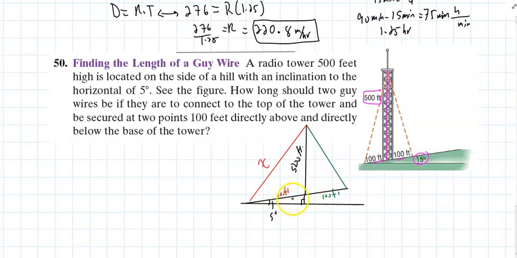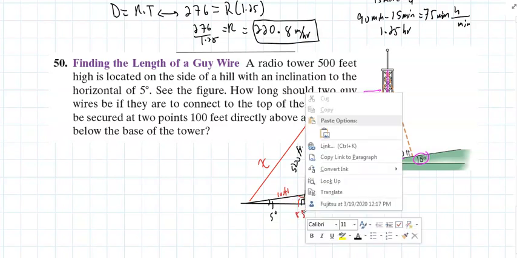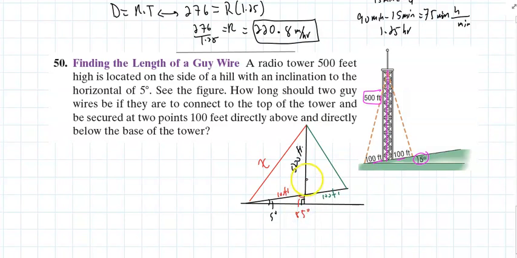Well, one thing for sure, those two must add up to 180, so this is 85 degrees. And I'm doing this the longest way. There are many ways you could do this faster. Since this is a straight line, that makes this 105 degrees, and since this is a straight line, that's automatically 85 degrees.